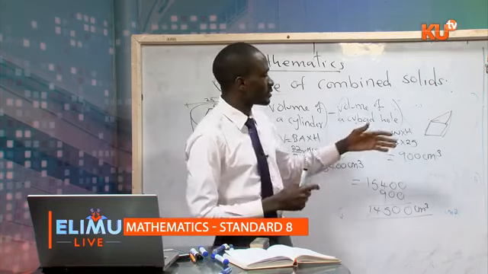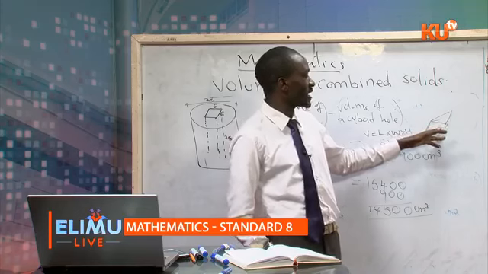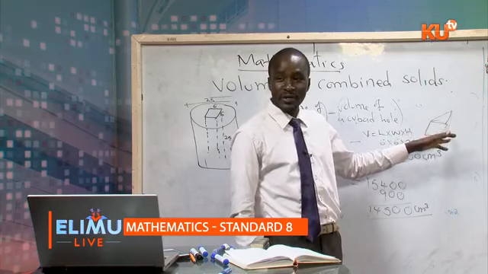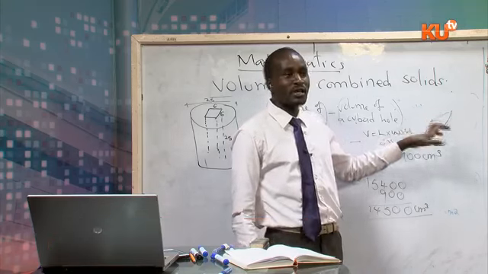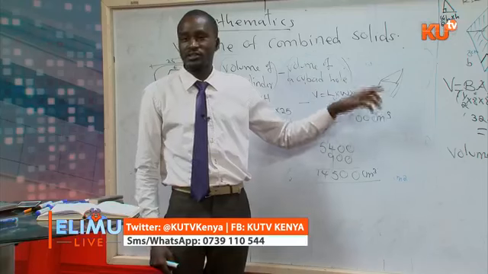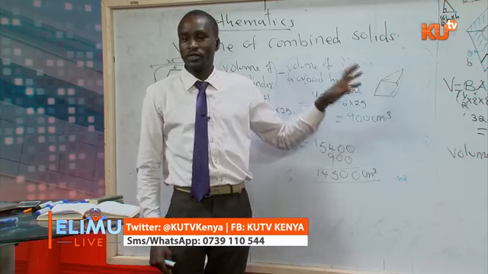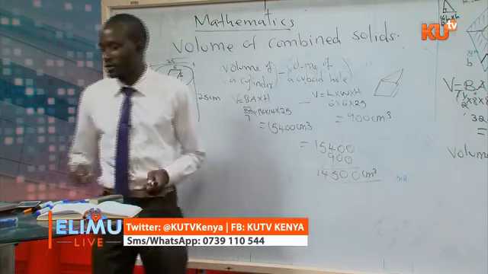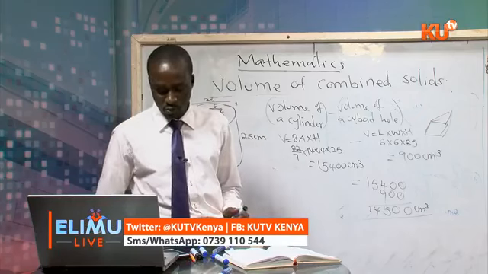So as a learner, I'm not sure the kind of pyramid you are talking about. For the pyramids, the only thing you are supposed to know about them is the number of faces, the number of edges, and the number of vertices. Not the volume, not the area. That's you as a learner in primary school.